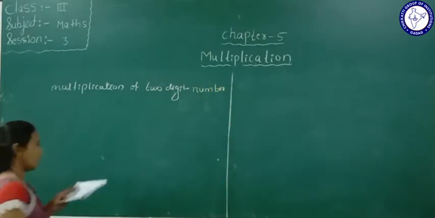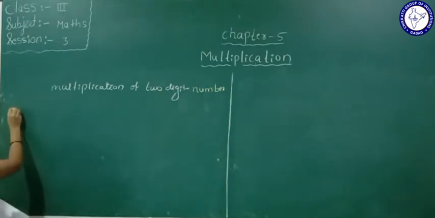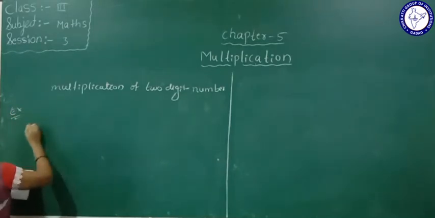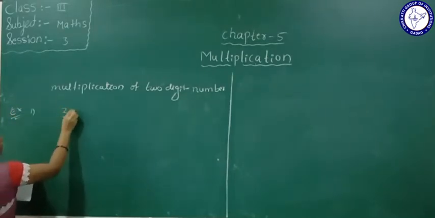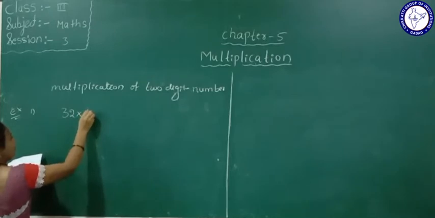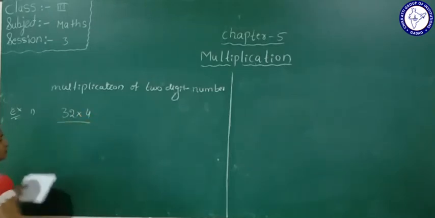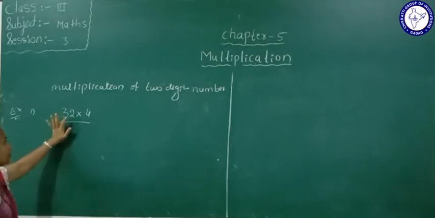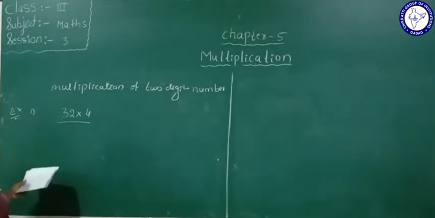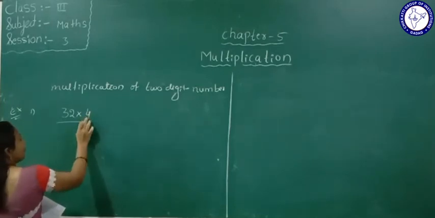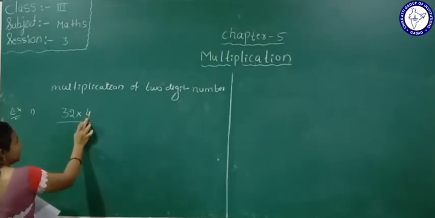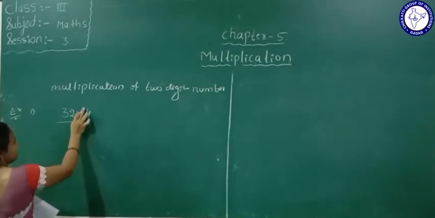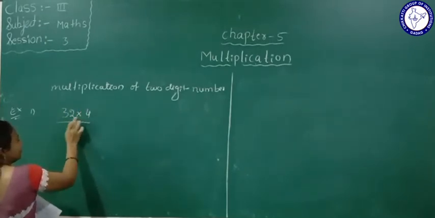Okay. See here, the first one, I'll do as an example. First one, 32 into 4. So what will we do here? We do the multiplication of a 2 digit number. The 4 they have given here is the multiplier. First, only unit place values.